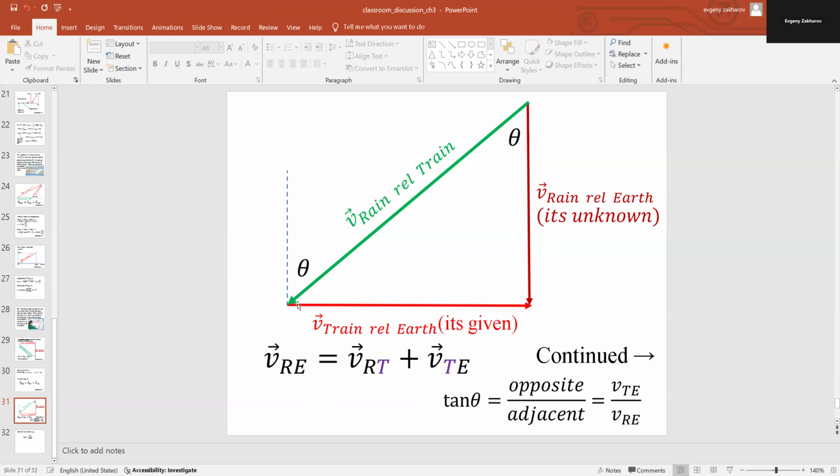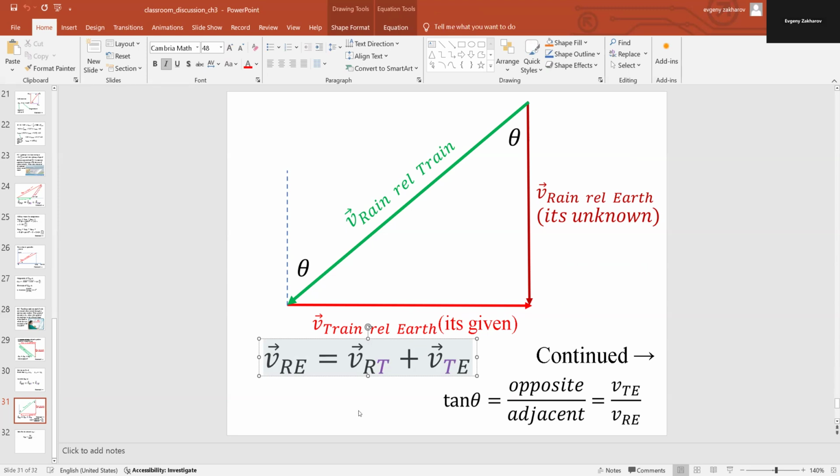The triangular method of adding two vectors tells you to start with the beginning of the first and end of the second. That's the rain relative to Earth. It should be vertical. Unless there's wind, the rain would just fall vertically, but wind is not discussed in the problem. So this is the correct vector diagram, the correct approach to consider vectors.